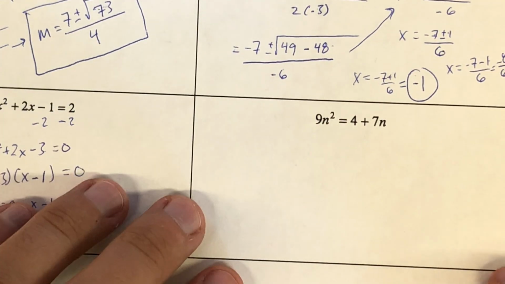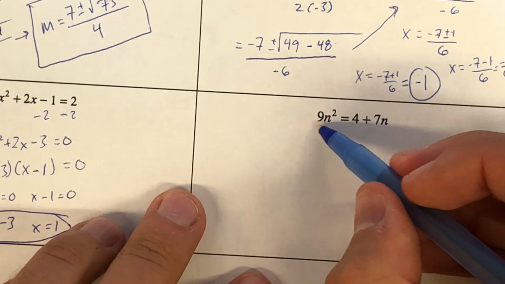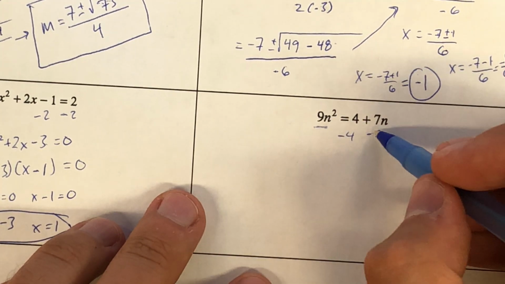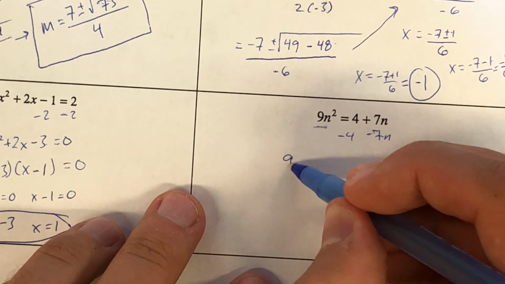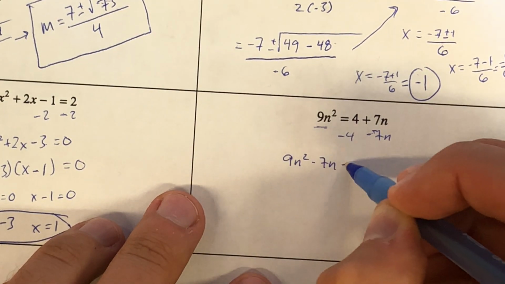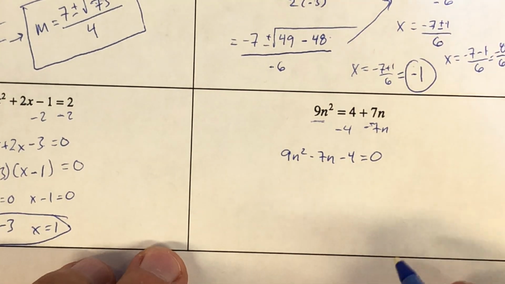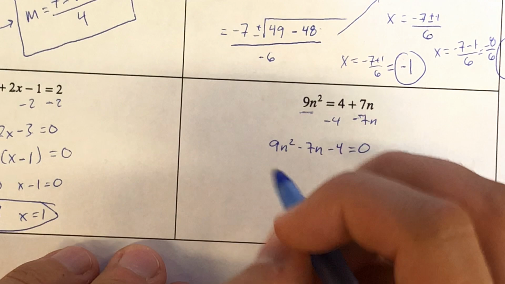Last one. Everything's got to be set equal to 0. Let's move everything over to this 9n squared. So let's subtract 7n, subtract 4 from both sides. So we have 9n squared minus 7n minus 4 equals 0. Quadratic formula time, let's see.